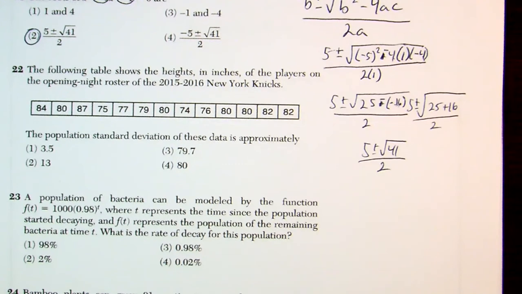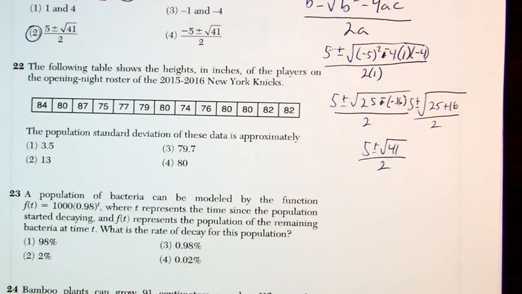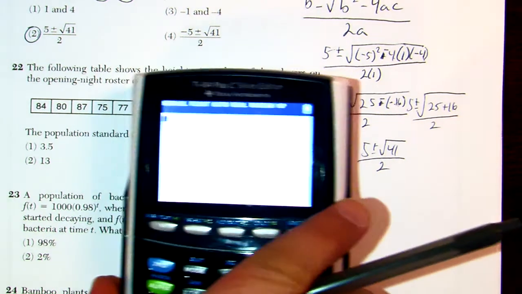22. The following table shows the heights in inches of the players on opening night roster of the 2015-2016 New York Knicks. The population standard deviation of these data is approximately, all right, so on this one, you got to go type everything into your stat.